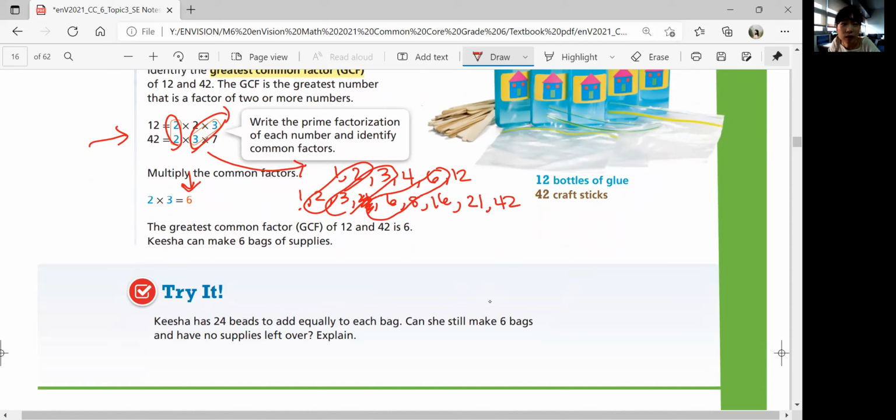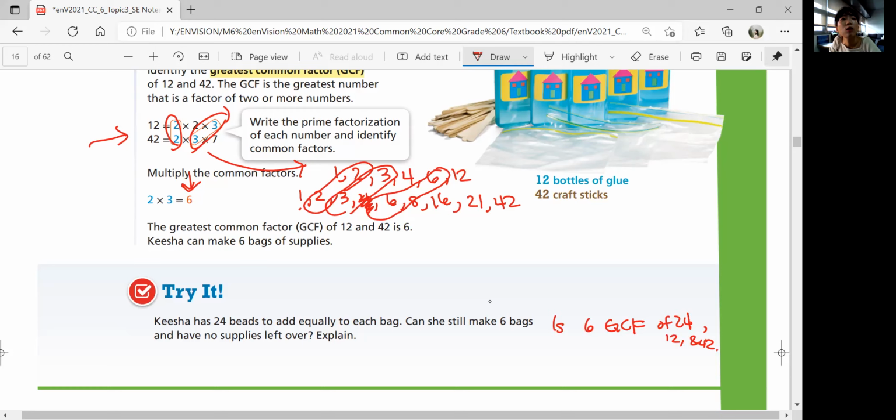So in other words, is 6 the GCF, greatest common factor, of 24, 12, and 42, right? She's going to add a supply. So is 6 the greatest common factor of 24?